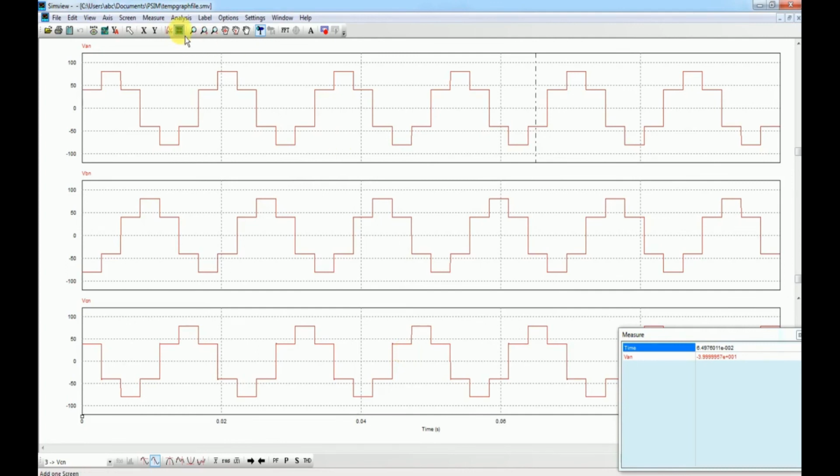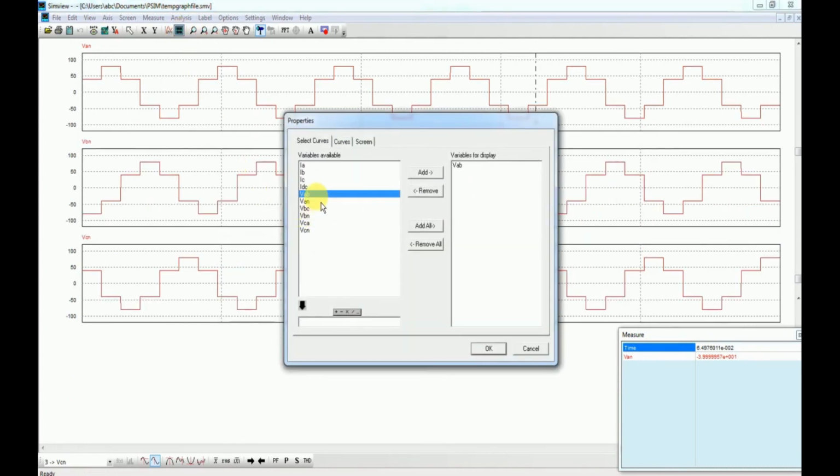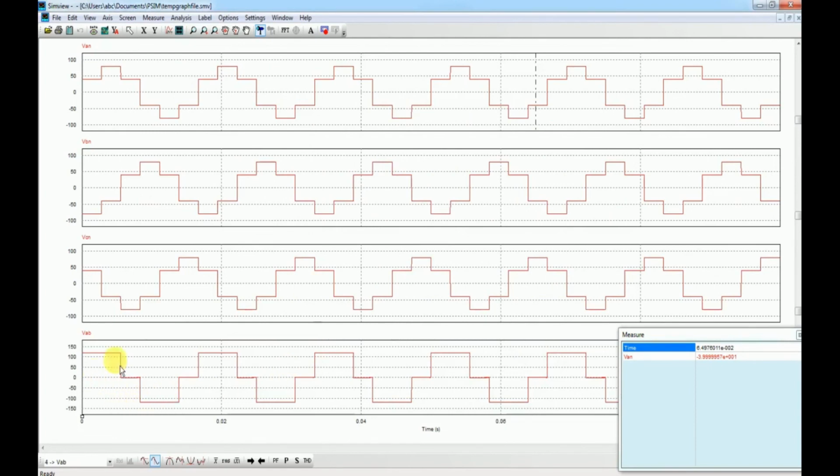As far as the line-to-line voltages are concerned, VAB is toggling between 0, plus VDC, then again back to 0, and then to minus VDC, and that value is equal to 120 volts. So for this VAB we are getting 120 volts at the output, and thereafter it goes to 0.